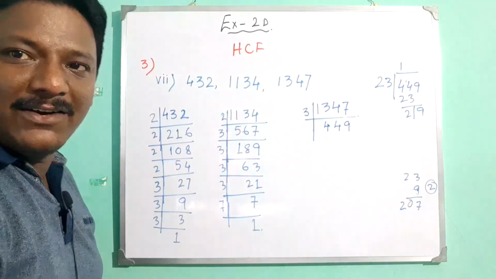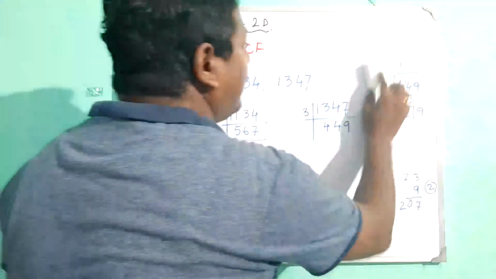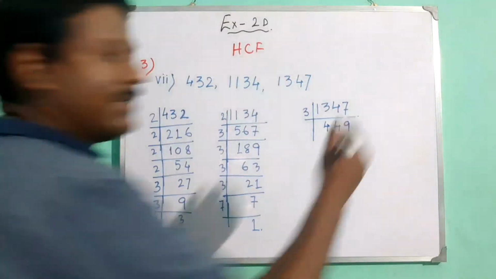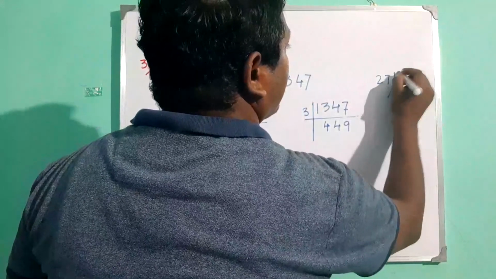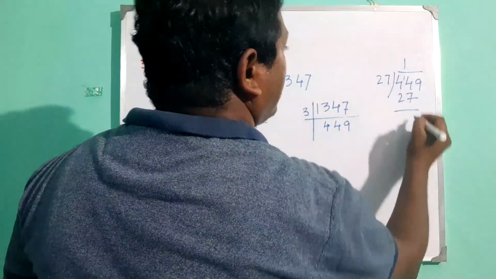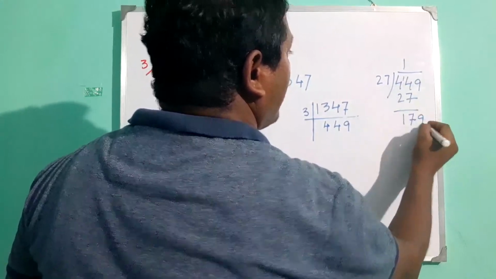All right. Then next, we divide it by 27. Let us divide it by 27 and see. This will be 319.